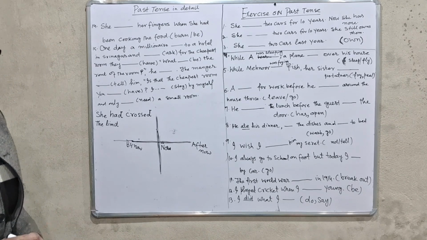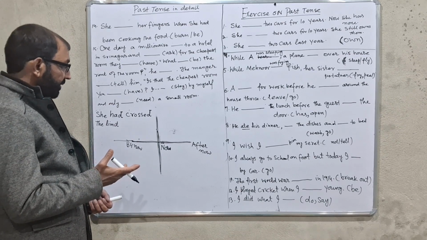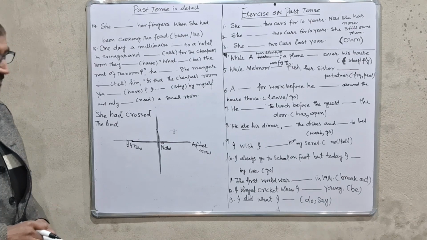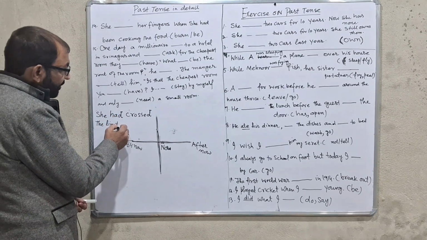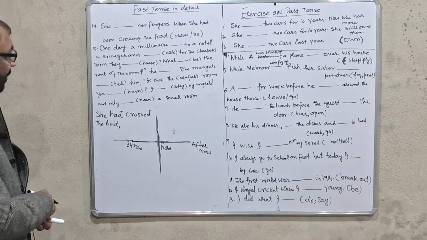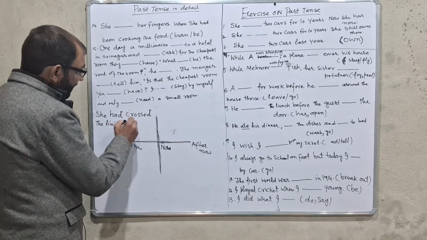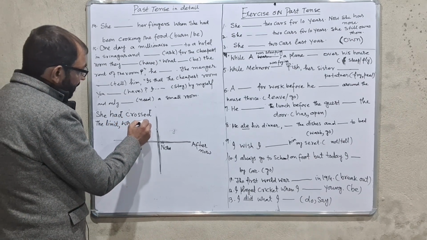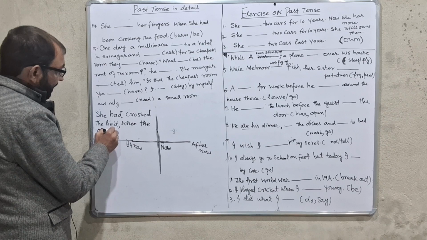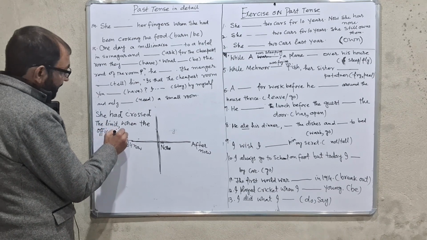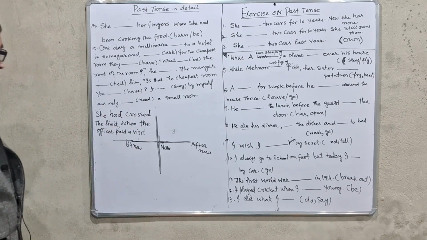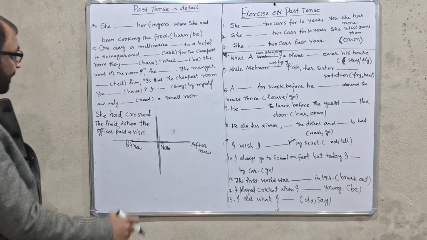Again, you should ask yourself a question: when? She had crossed the limit. When? The indicator is pending, so the next clause has to come into action. She had crossed the limit when the officer paid a visit.